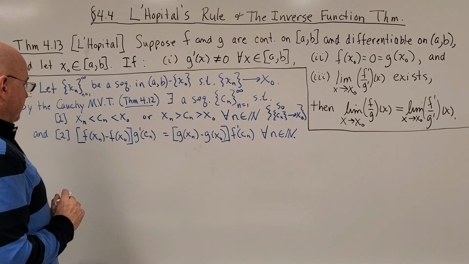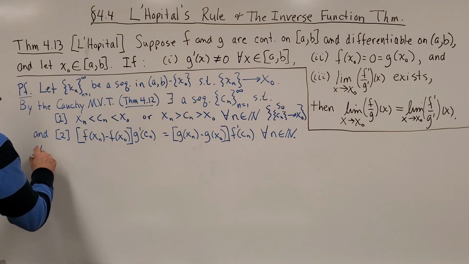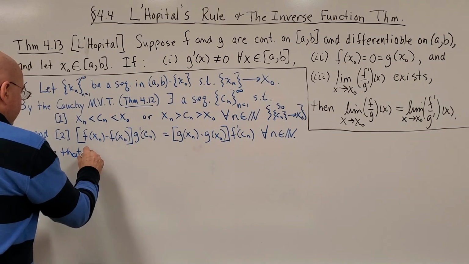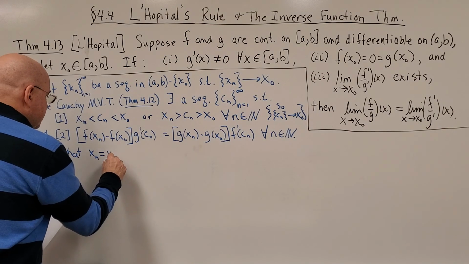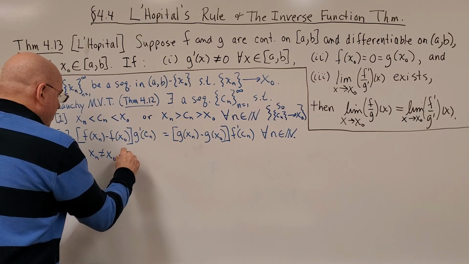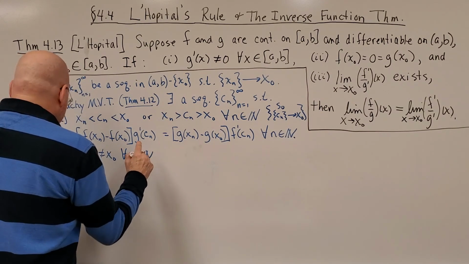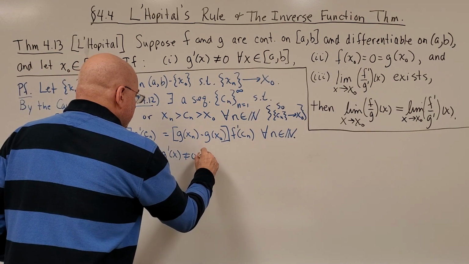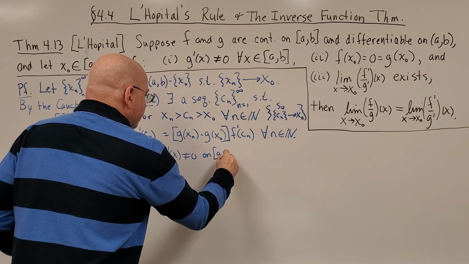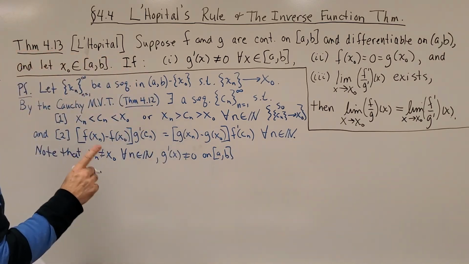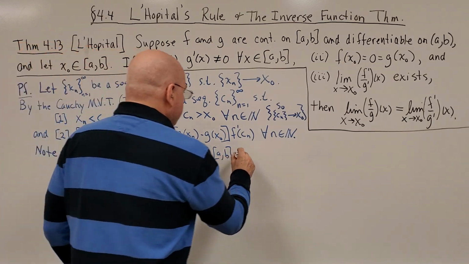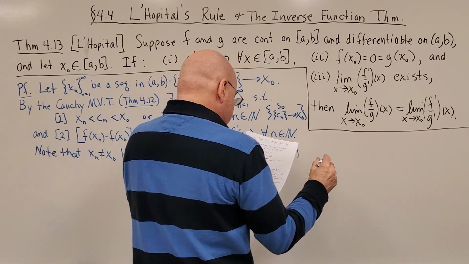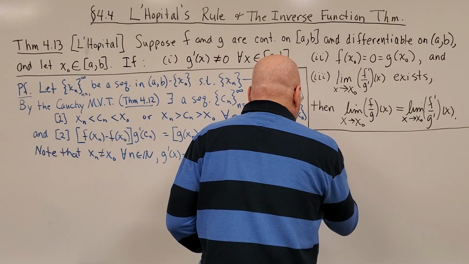Well, the next thing we're going to notice is that xn is not equal to x naught for all n, and g prime of x never equaling 0 on the entire interval AB means that g is a one-to-one function. And that is by Theorem 4.9, Part 1.